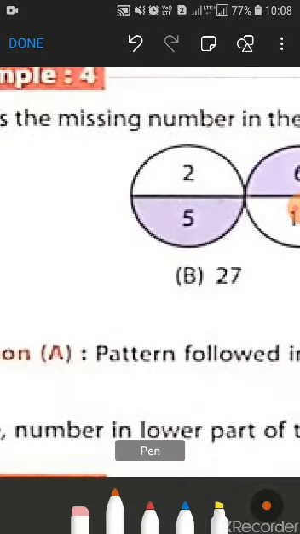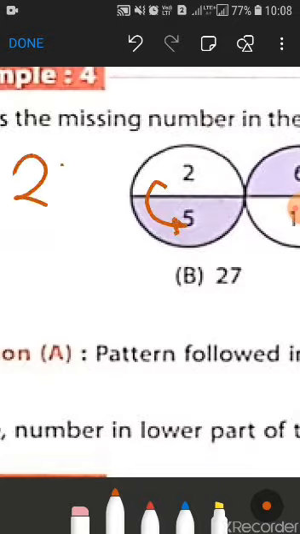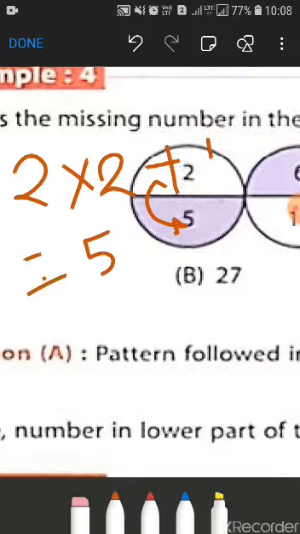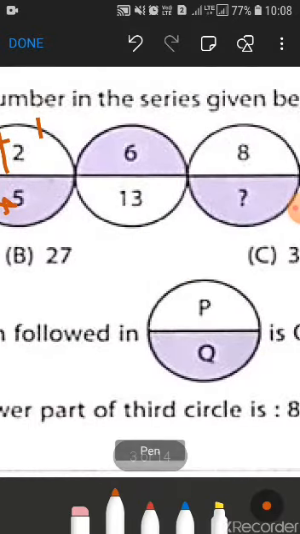So how will we get our pattern? See here, if I multiply 2 by 2 plus 1, I will get 5. Similarly, 6 multiplied by 2 will be 12, plus 1 will be 13.